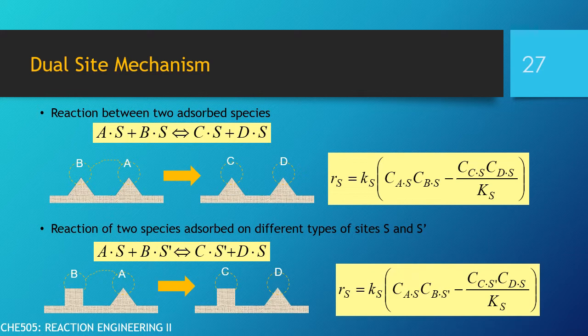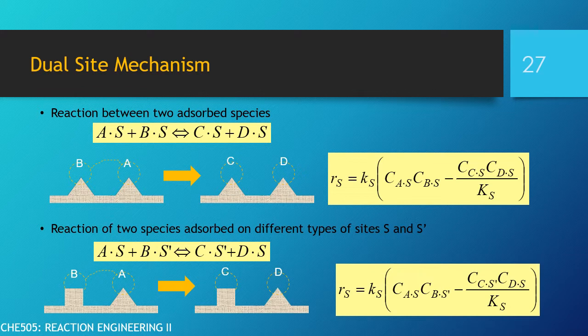Then another example, still for two adsorbed species, but at different types of active site, which is site S and another site S prime. What is the difference between active site S and S prime? The shape of the active site.